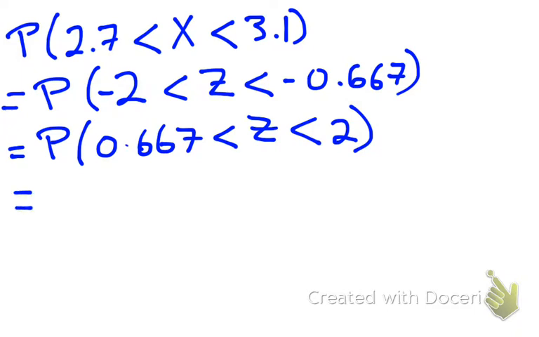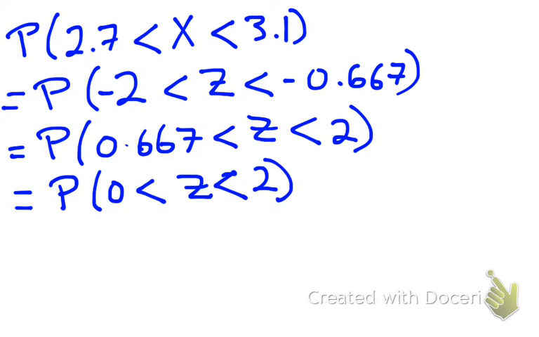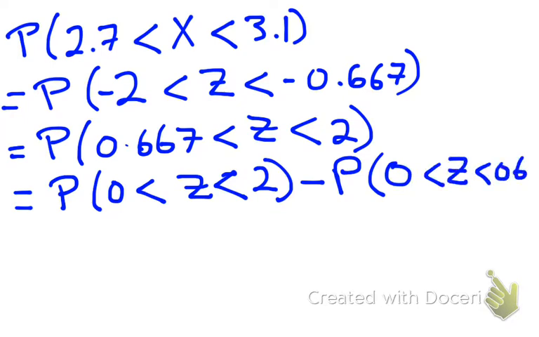And we know the probability of being between 0 and 2, and we're going to subtract from that the probability of being between 0 and 0.667.